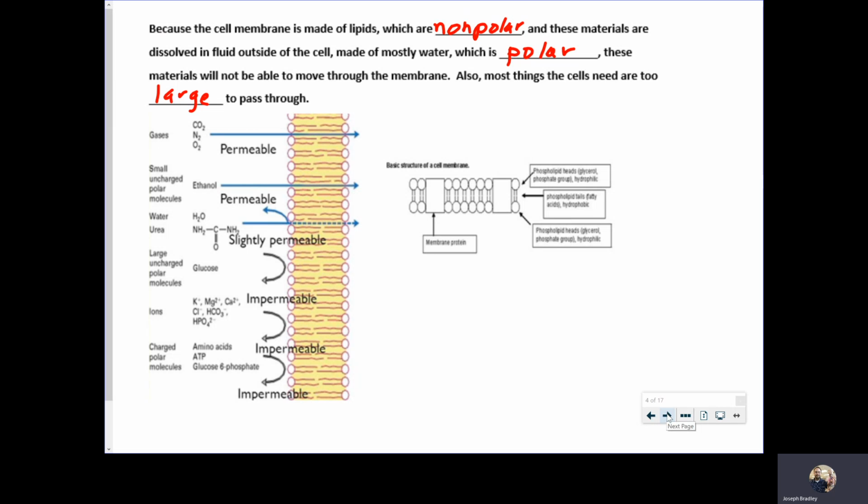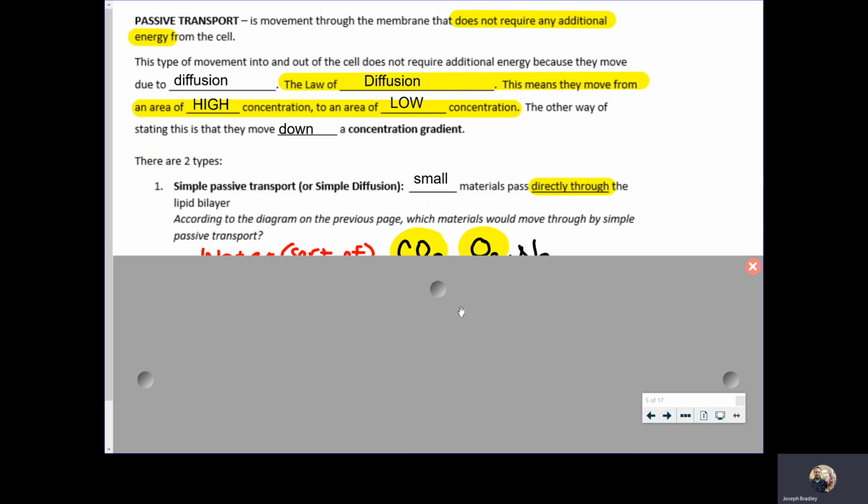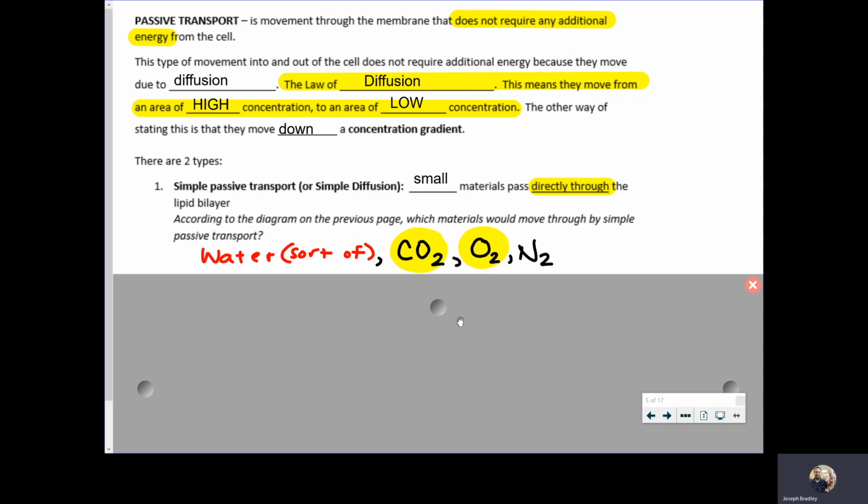Now, ethanol is not something that we need to survive, but carbon dioxide and oxygen are both things that cells need to survive. Water can sort of move through. Nitrogen is a major component of the air, but we don't use it. But other organisms do use nitrogen, so its movement is important for living things.